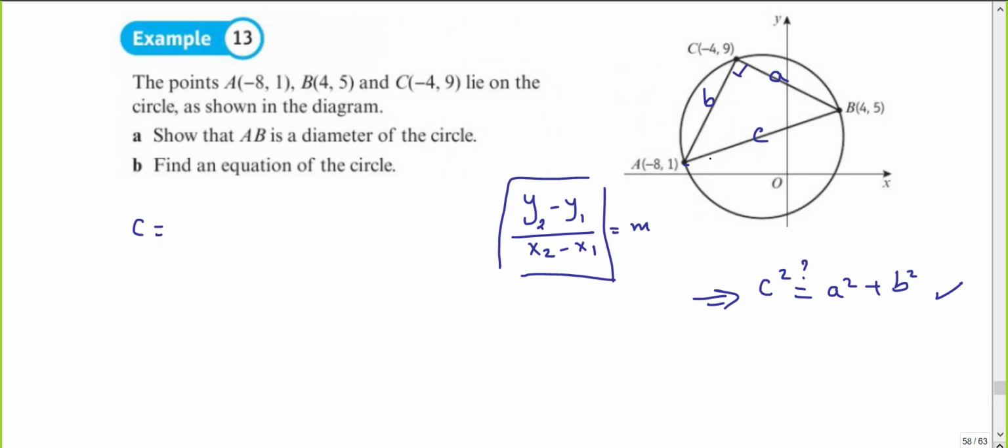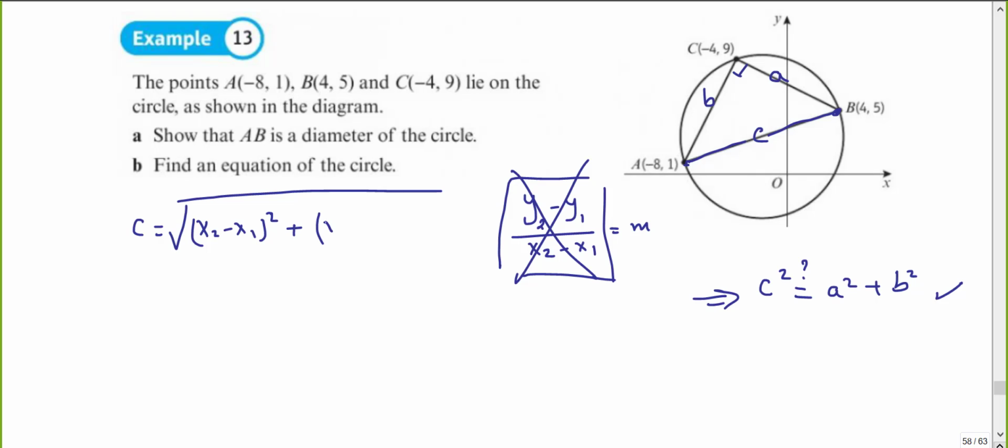Did I ask you about the gradient of AB? No, I'm asking about C, the distance from A to B. Like when you say 3 centimeters, 5 centimeters, I want a distance. So we use the square root of x2 minus x1 squared plus y2 minus y1 squared. Whenever we need a distance, we use the distance formula. We don't use the gradient formula.